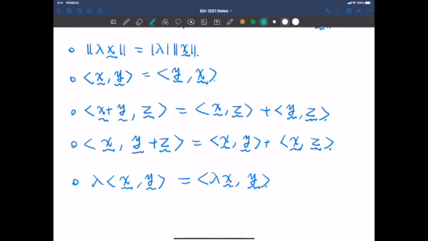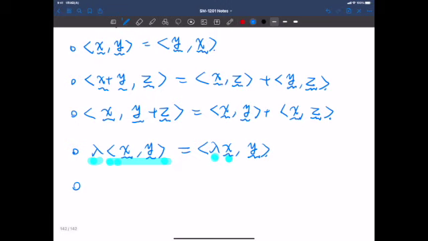So notice here, this multiplication, lambda times this scalar product, is a multiplication between two real numbers, because the result of a scalar product is a real number and this lambda is a real number. But here, the multiplication between lambda and x is a multiplication between a scalar and a vector. So these multiplications have different meanings.